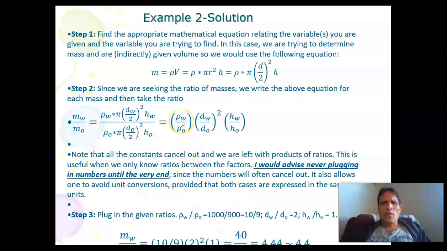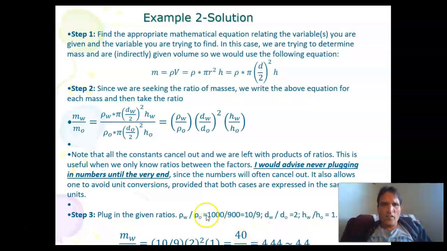And the ratio of the density of water to the density of oil is 1,000 over 900, and that's 10 over 9. So now I have my ratio of masses expressed as 3 ratios. And then you just multiply these all out, and this is equal to 40 over 9, which is about 4.4.